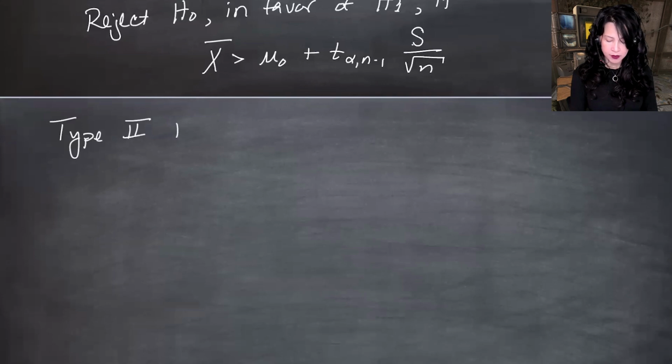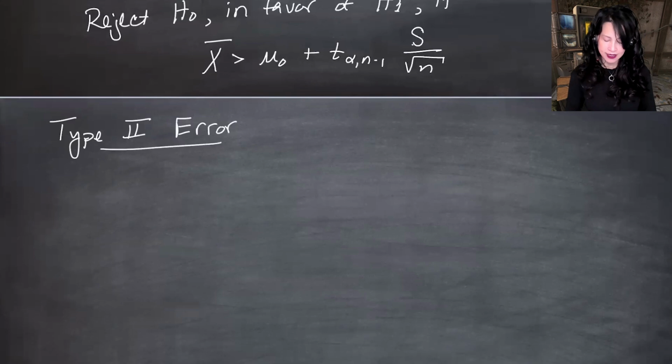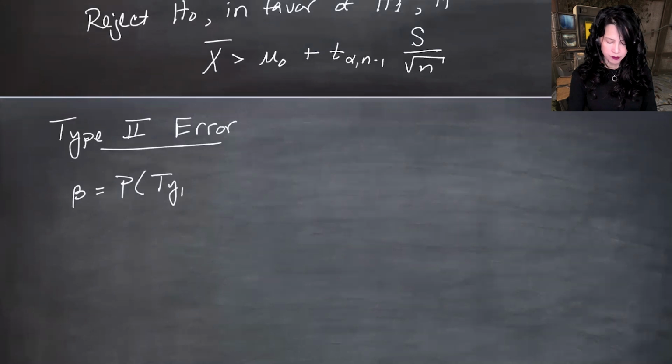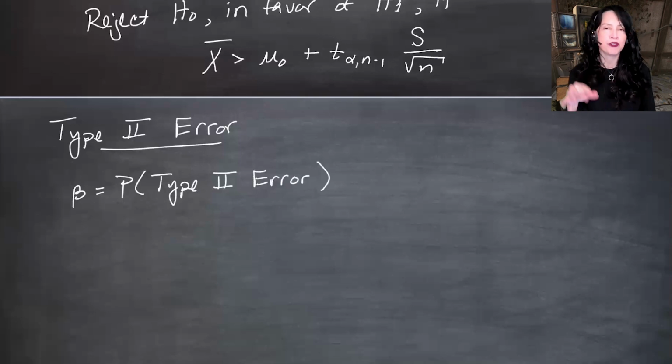So I'm continuing the example, the type 2 error for this test. Beta is the probability of making a type 2 error. Did I say we were finding a type 2 error? No, we're finding the probability of making a type 2 error. And that is the case where the null hypothesis was false, but you failed to reject it.